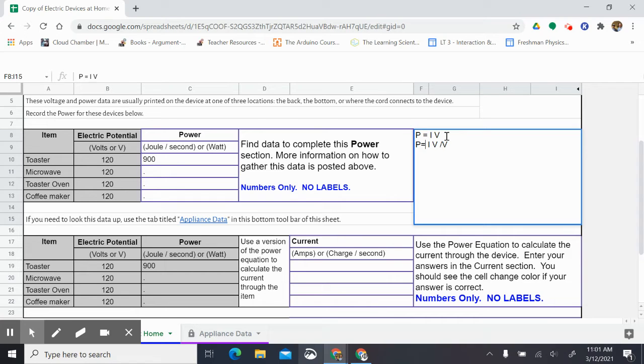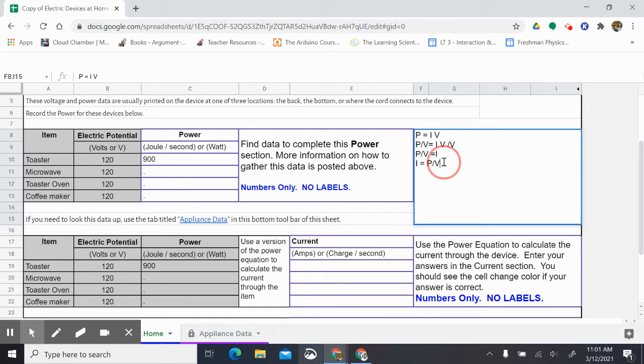And if I divide that side by electric potential, I need to divide this side by electric potential. And in so doing, I end up with power divided by electric potential equals current. And the math department always likes us to have that one thing off on its own, so we'll accept that.